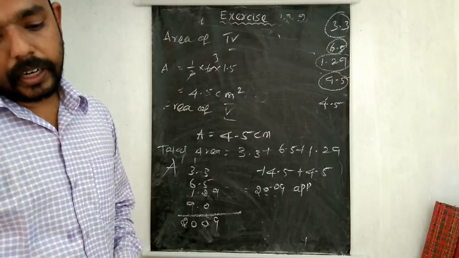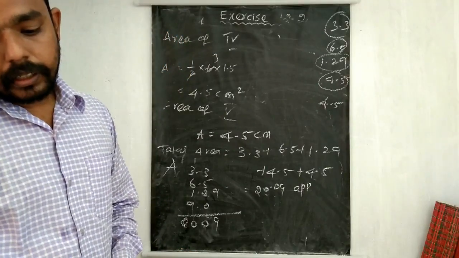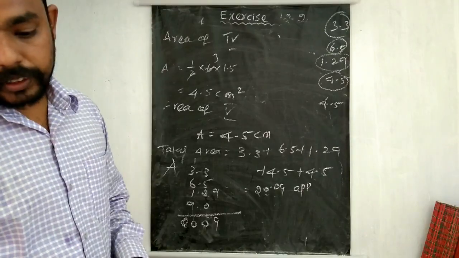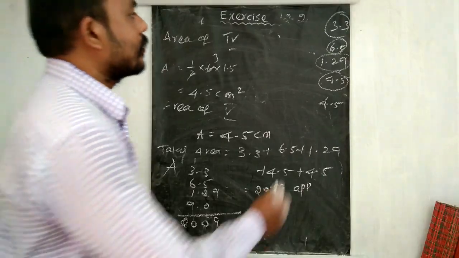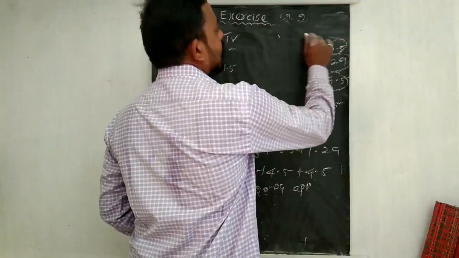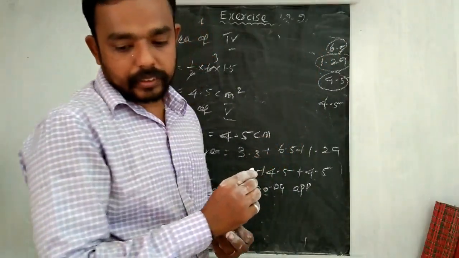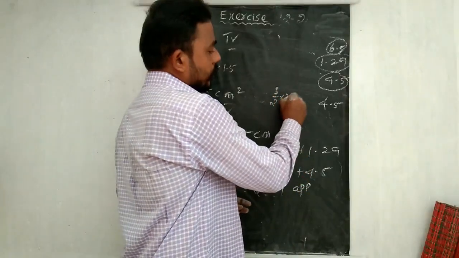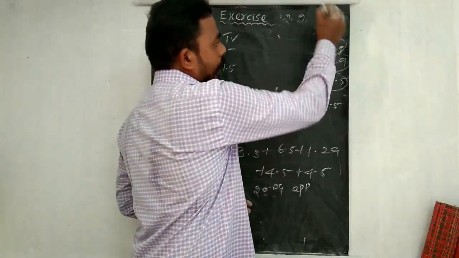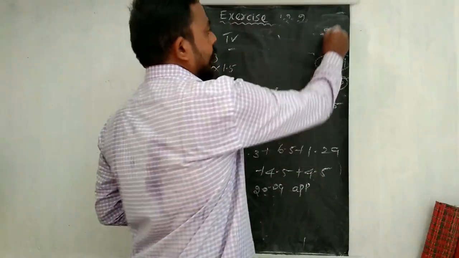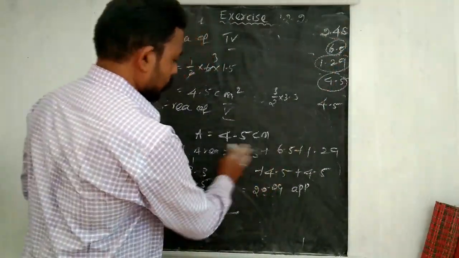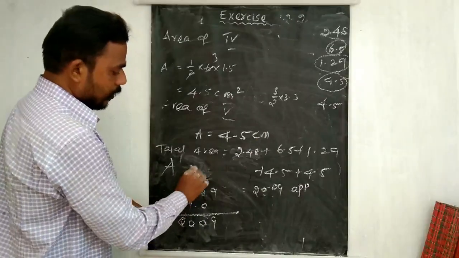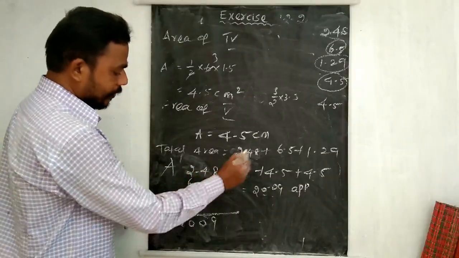So the first one's answer is 2.48. Sorry, 3.3 is the root 11 value. It's the root 11 value. The first thing is 3 by 2 into 3.3. So 2.48.